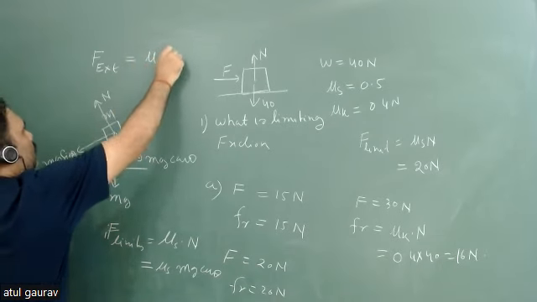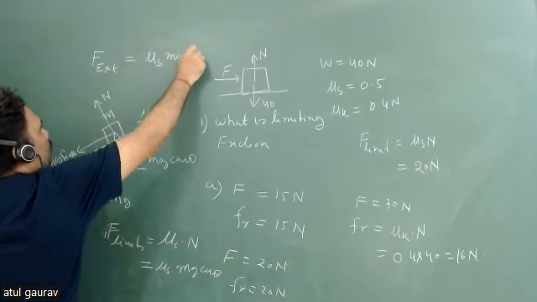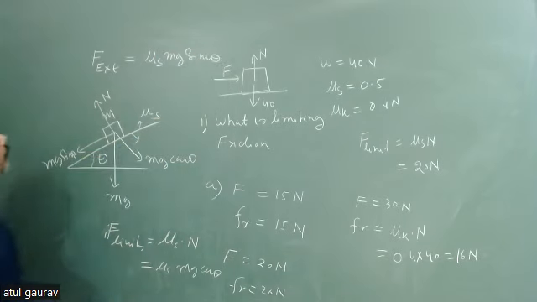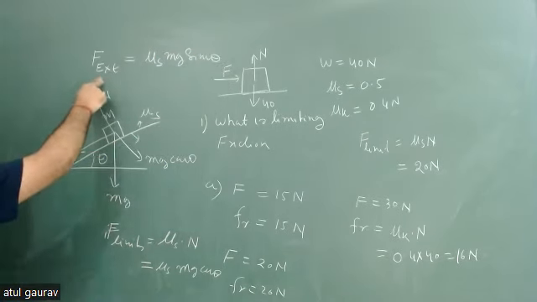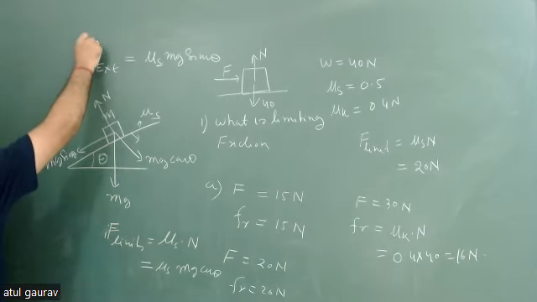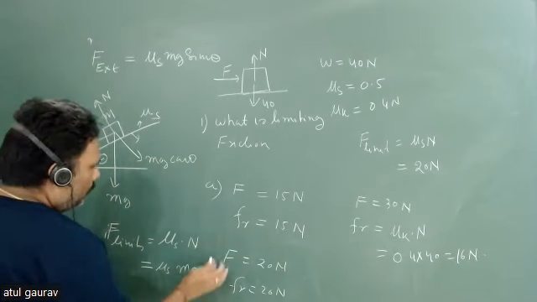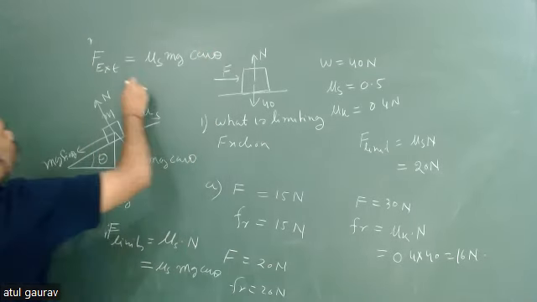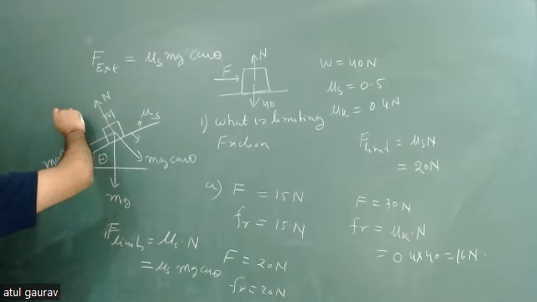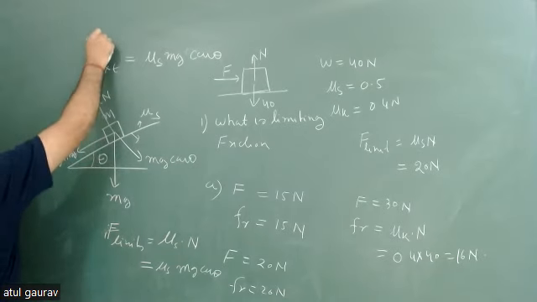That is mu s mg cos theta, and F external is mg sin theta.